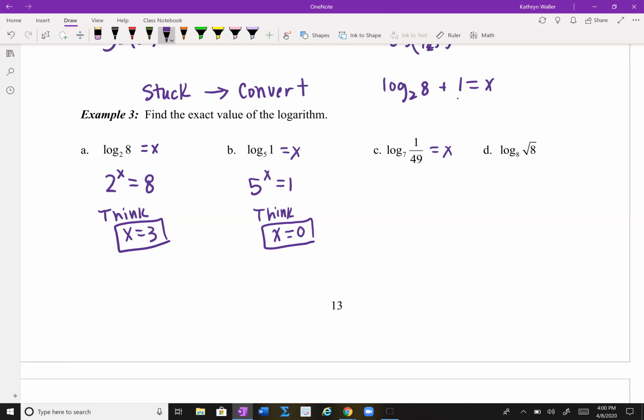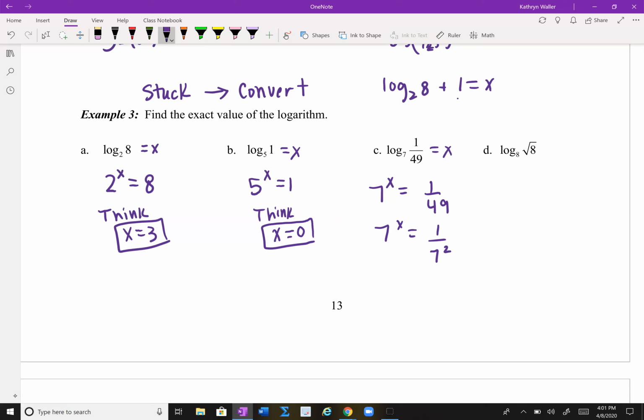Okay. Next one, set that equal to x. You're stuck, so you convert it. So it's 7 to the x equals 1 over 49. Now this one's a little bit trickier because of the fraction. But immediately I look at the 7 and the 49 and I'm like, okay, 49 is 7 squared. So I'm trying to get the bases to be the same. 7 squared is 49.